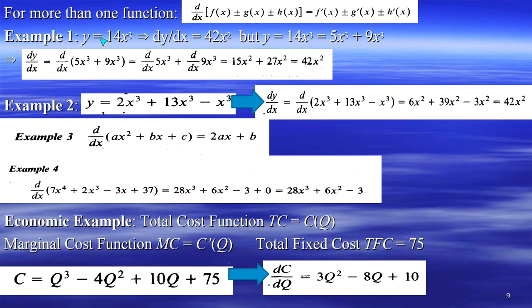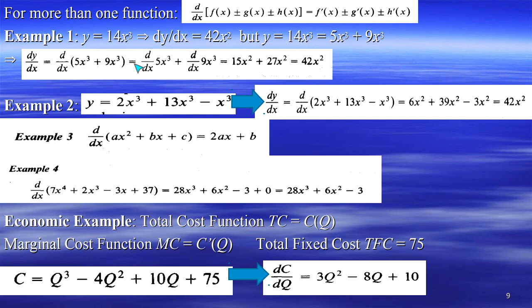Easy. But if we divide this 14x to the power 3 as 5x to the power 3 plus 9x to the power 3, if we weren't given 14x to the power 3 but in parts, what is its derivative? Then we will take the derivative of each part, which means the derivative of 5x to the power 3 plus the derivative of 9x to the power 3. What is the derivative of 5x to the power 3?